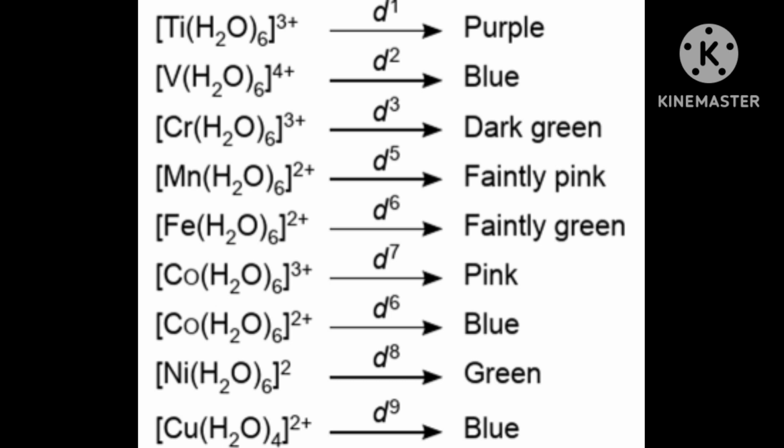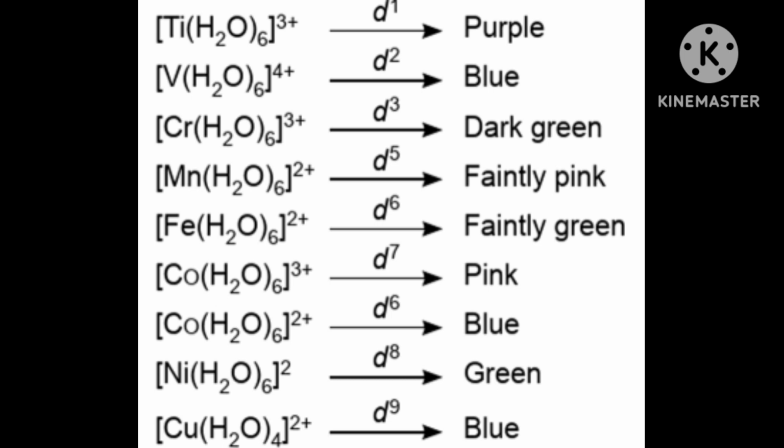When the ligands approach, only then will light be absorbed. Then what type of light is absorbed? You get the complementary color, because each spectrum has a definite color.